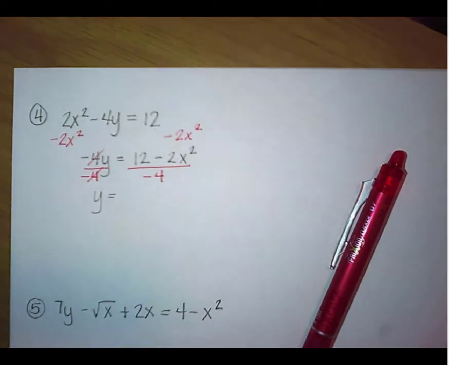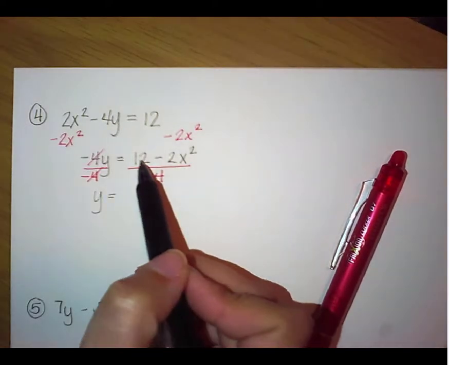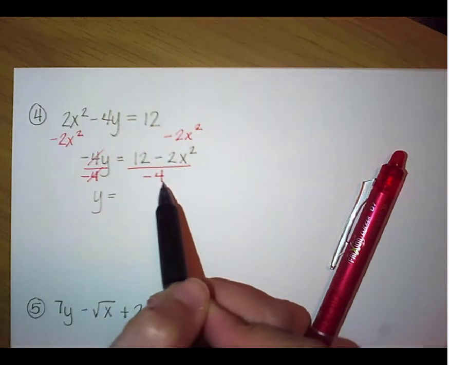Now, unlike the previous two problems where we were able to reduce it, this one does not divide out evenly. And it does have to divide out to both of the terms evenly to be able to do this. But if you'll notice, 12, 2, and negative 4 are all divisible by negative 2.